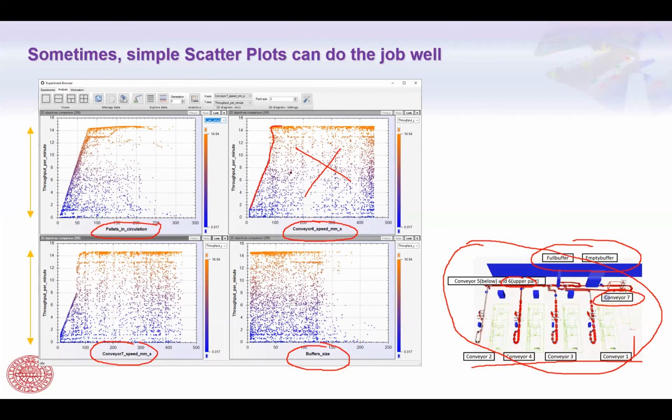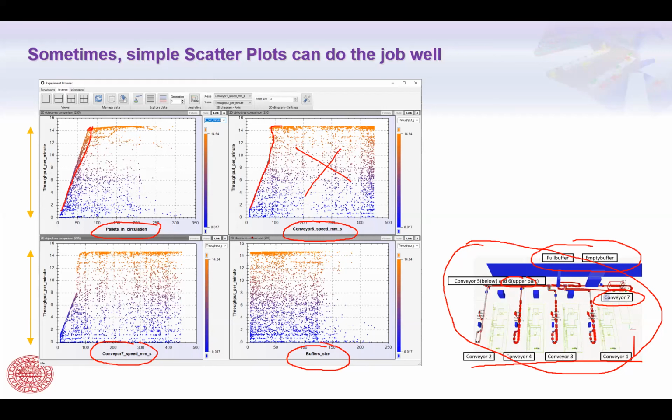But what is the relationship between the speed and the throughput? I think this curve will tell you. And similarly, you increase the pallets, you will increase the throughput. But then how much you increase the pallets, when you want to achieve the top level, it costs much more pallets in order to achieve a little bit higher. So this is the curve that tells you.